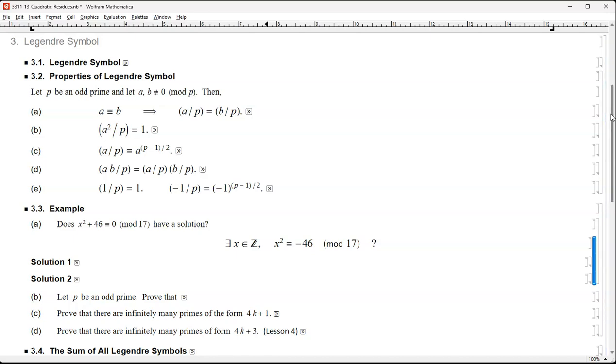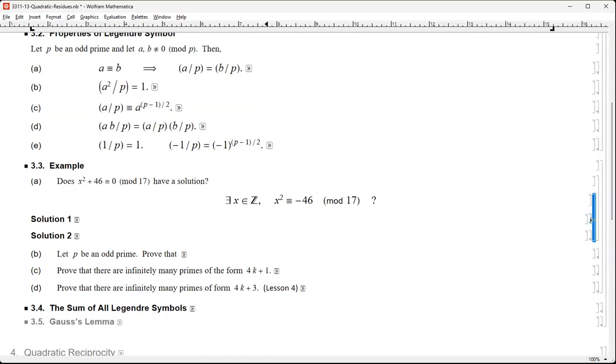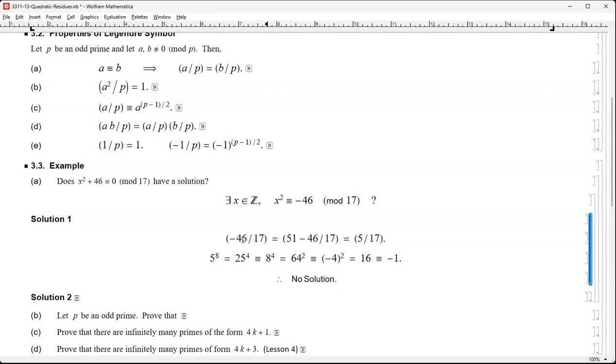One way to handle it is to use the Legendre symbol like this. (-46 over 17) is the same as (-51 plus 5 over 17). 51 is 17 times 3, so that's congruent to 0. So basically we are looking at (5 over 17), and that's 5 to the (17 minus 1) over 2, so 5 to the 8th power.